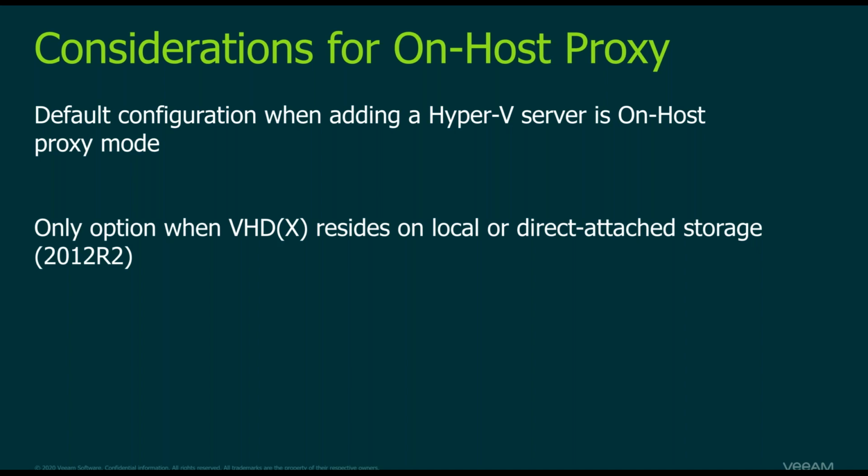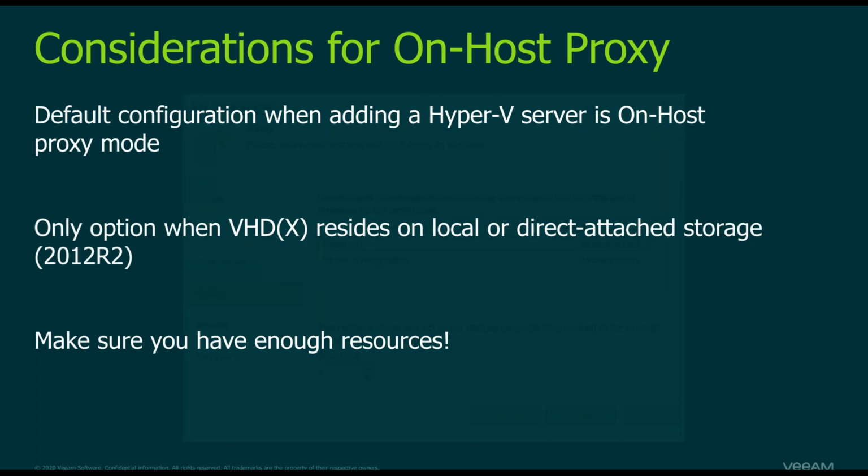So this is generally seen in remote sites at standalone hosts. But you cannot use an off-host proxy, for reasons we'll talk about later, unless there is a SAN configuration on the back end, right? And probably the most important point about on-host is to make sure that you have enough resources, right? This is a point that I'm going to hammer home because it gets lost many, many times.